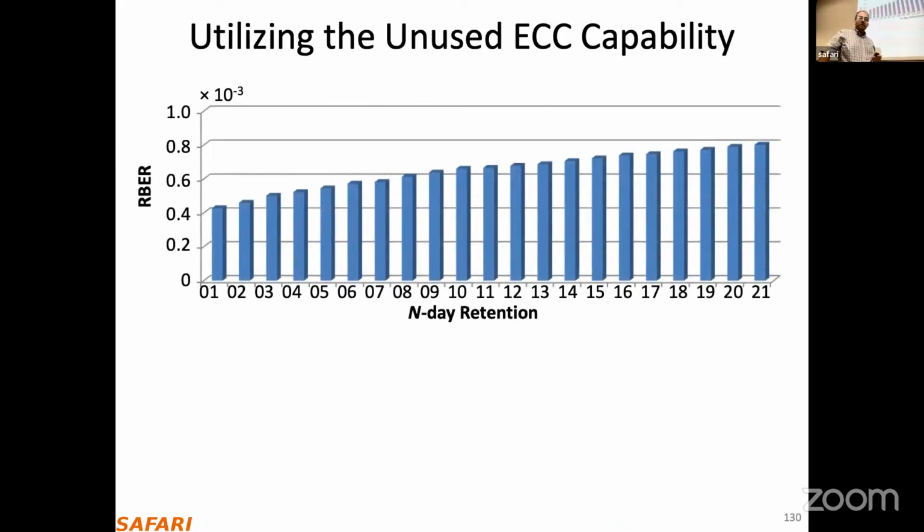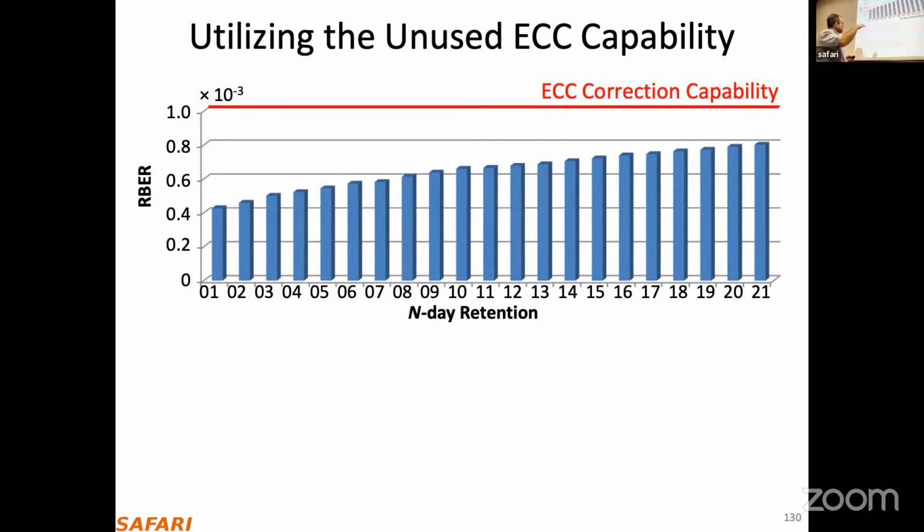So the key observation here is that we can utilize the unused ECC capability. The ECC capability, which we usually have, is, as I said, 10 to the power minus 3. But this is actually quite over-provisioning.